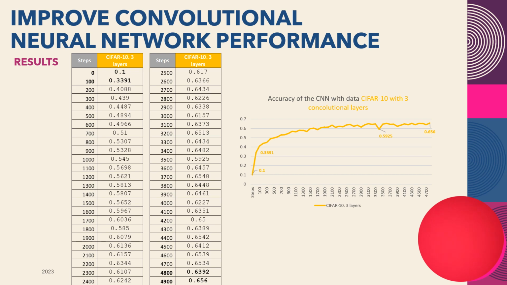From step number 0 to 5,000, we can see that our accuracy level started at 0.1 and increased up to 65.6%. In this case, we had added one extra convolutional layer.